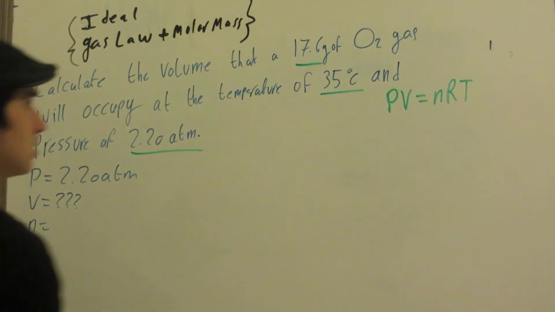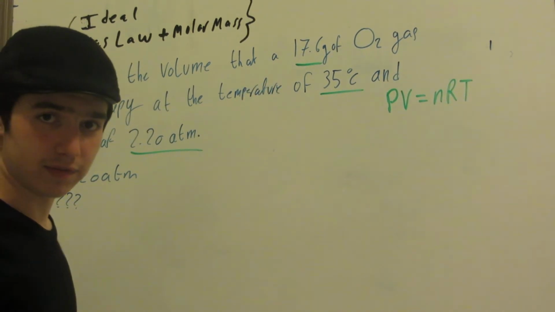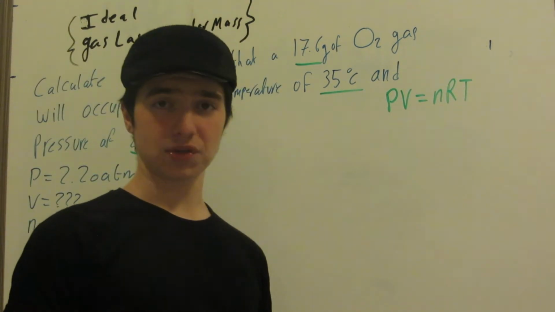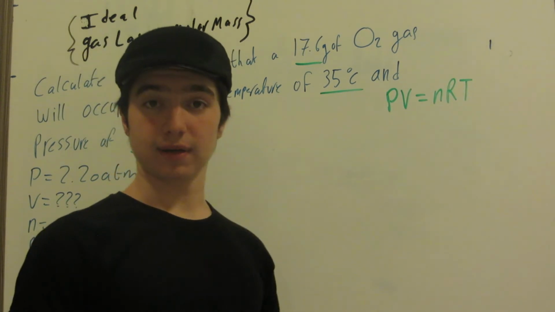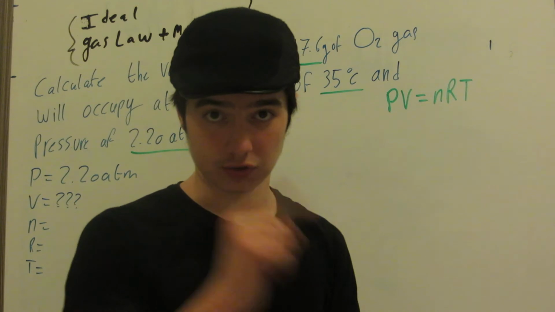Number of moles. Well, the number of moles is given as grams. Now, in order to get the number of moles, as a rule, n can never be in grams. It must be in moles, as we learned in the video of Avogadro's law.